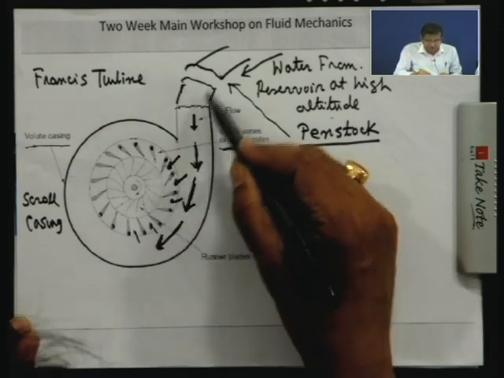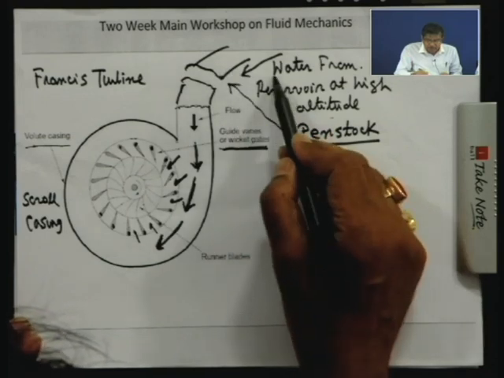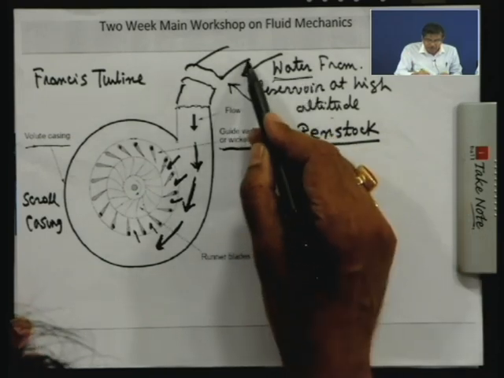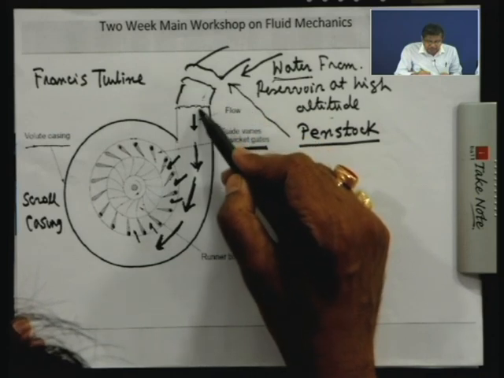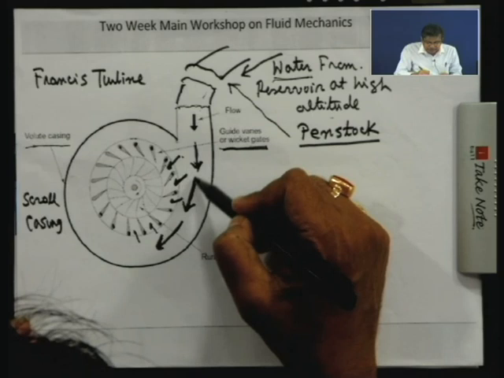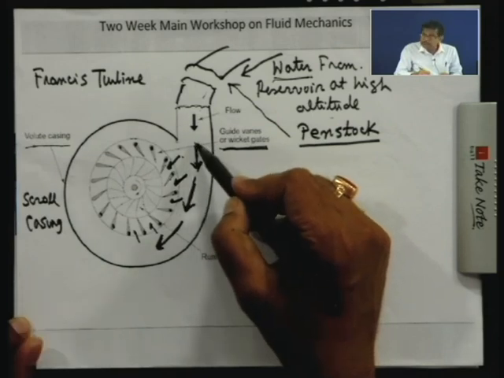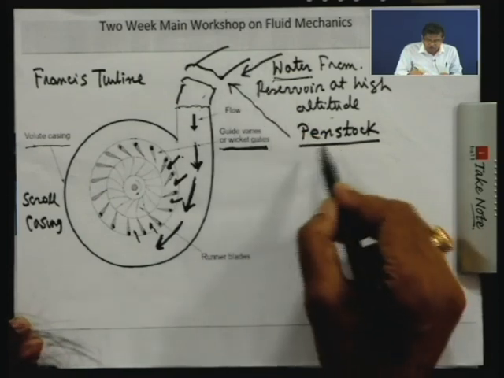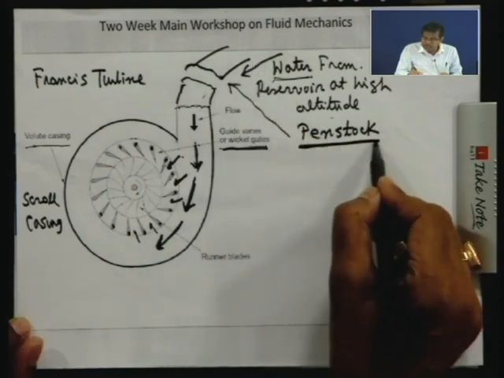Now, try to understand: when water, for example, here from a high altitude reservoir comes through this line, at the inlet, at this point or anywhere in this scroll casing, the pressure is high and velocity is low. There may be a little loss due to penstock skin friction.